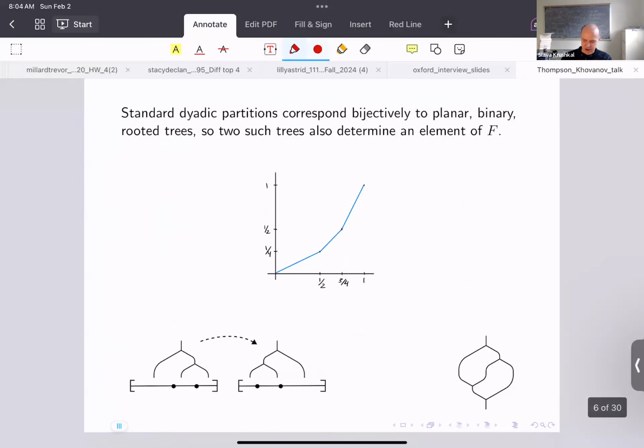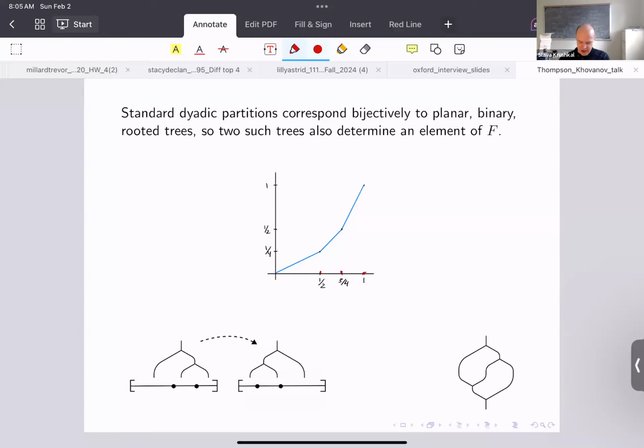So here is an example. We have the following piecewise linear homeomorphism of the interval. In this case, there are 2 points where it's not linear, and then there are 2 endpoints. And you can encode these partitions by planar binary rooted trees, where whenever you divide your interval into 2 halves, you have a split in your tree.